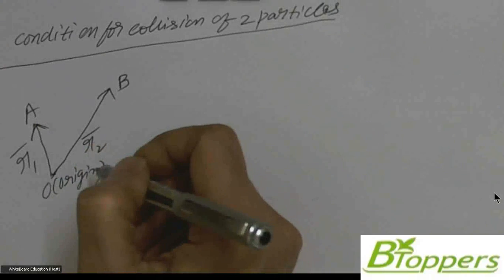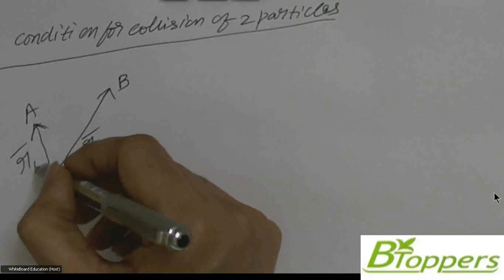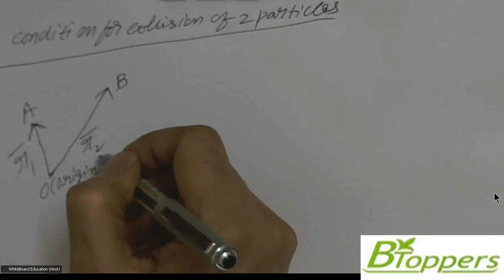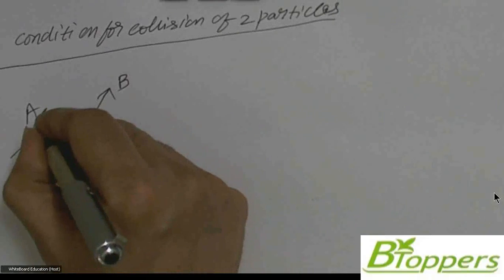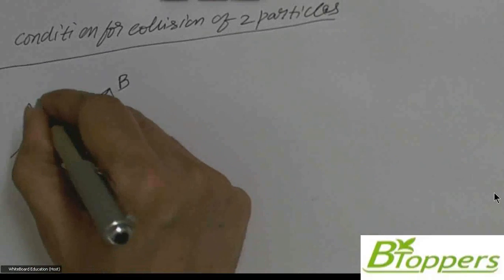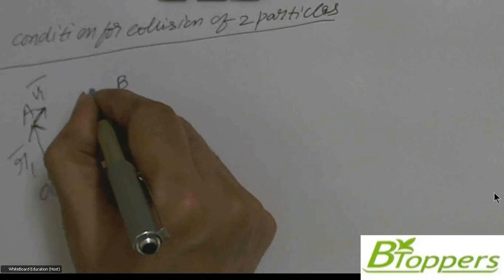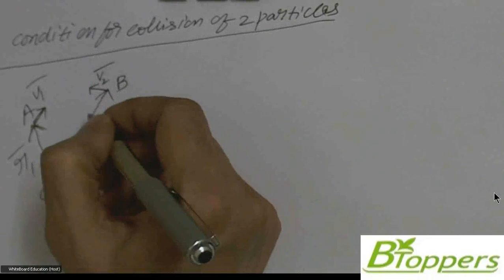What is the origin of the coordinate system here? So OA bar is equal to R1 bar, OB bar equal to R2 bar. Let us suppose the first particle starts moving with velocity V1 bar and the second particle starts moving with velocity V2 bar.